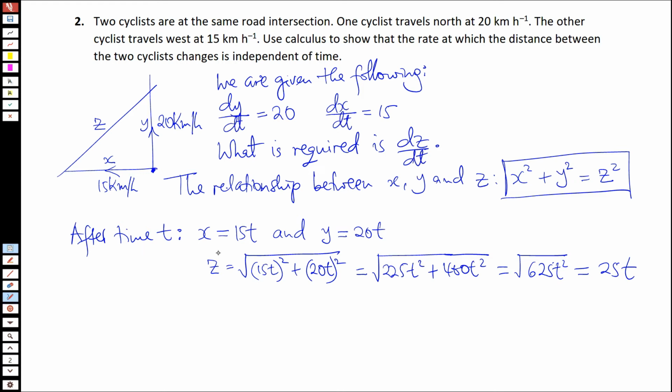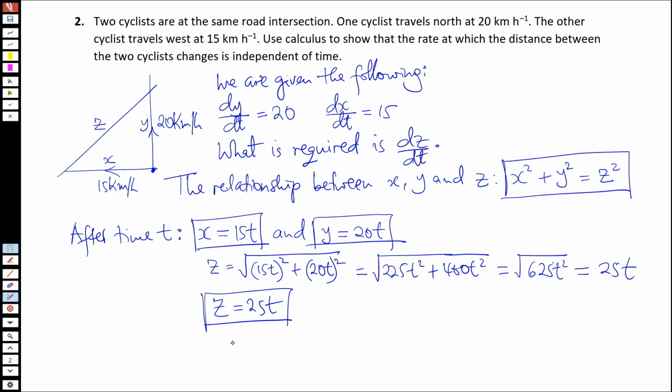So after time t, x is 15t, y is 20t, and z is 25t. Let me just highlight those because we plan to use them.